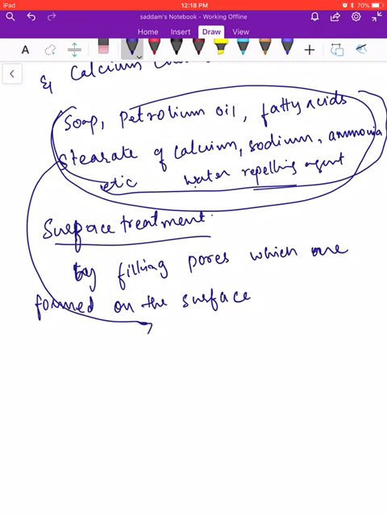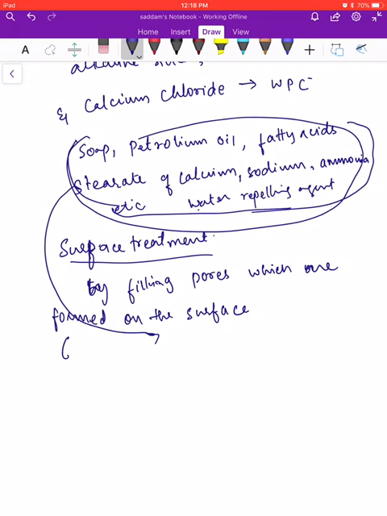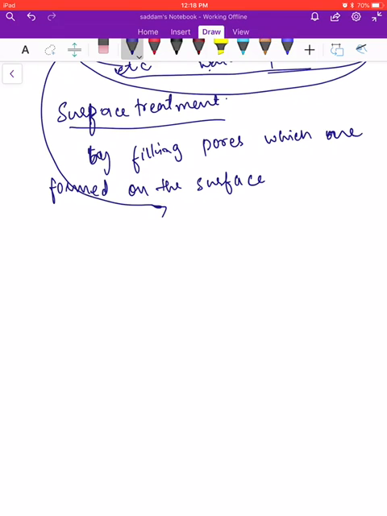Now the next process is gunniting. This method works on the principle of depositing an impervious layer of rich cement mortar over the surface to be waterproofed.